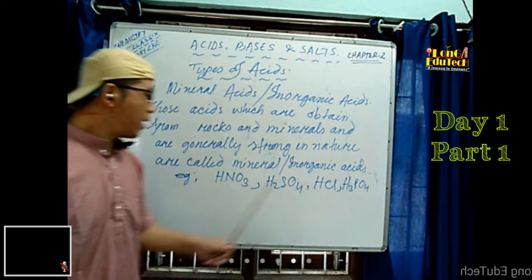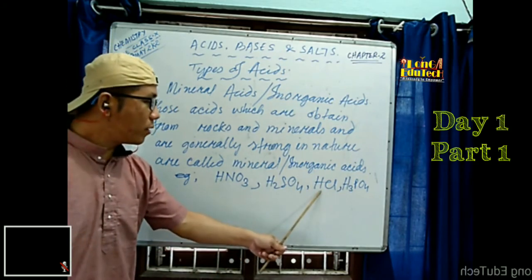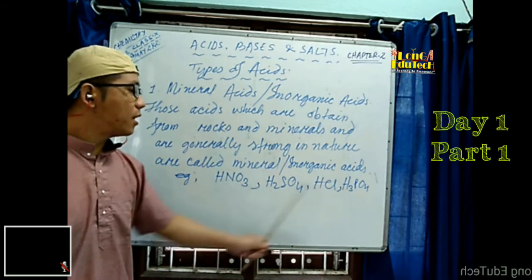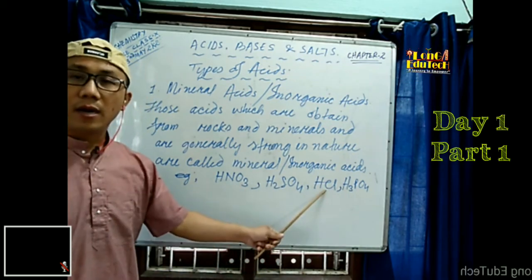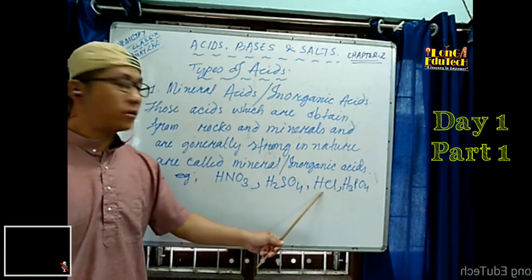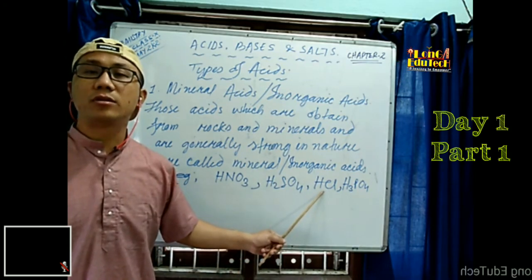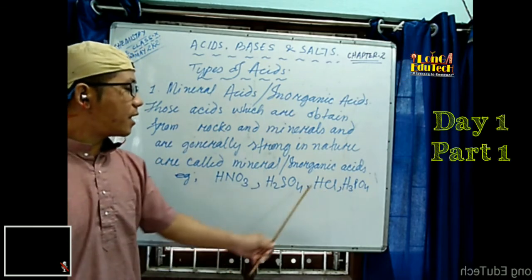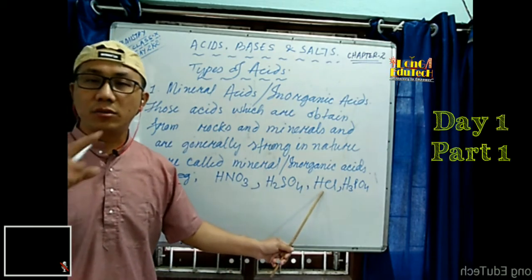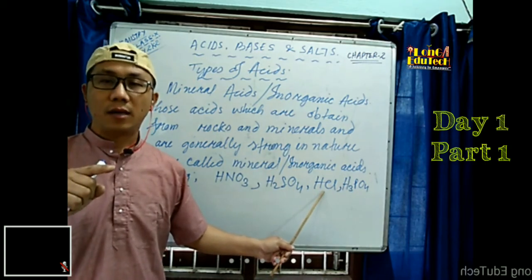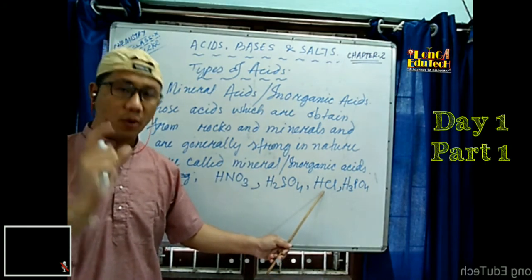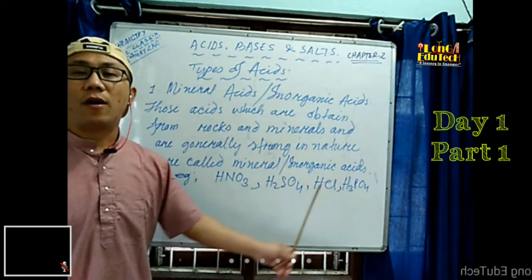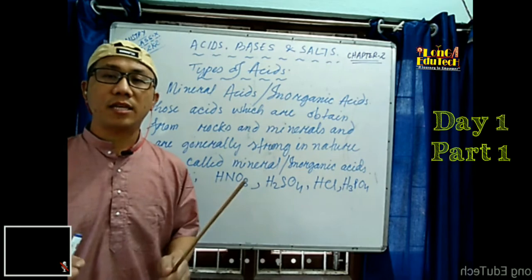See, hydrochloric acid and nitric acid are two very interesting compounds, which are used to dissolve gold and platinum. When nitric acid and hydrochloric acid are mixed together in the ratio 3:1 by volume, they form a compound called aqua regia.